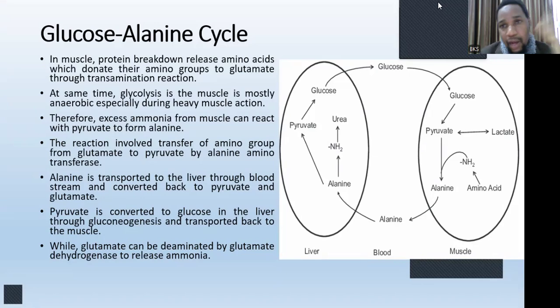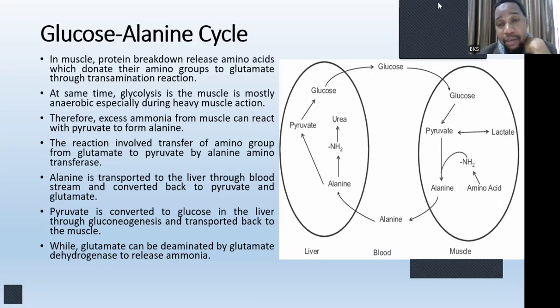While for the pyruvate, once it is transported to the liver, it can be used to synthesize glucose through gluconeogenesis. This is basically the glucose-alanine cycle.